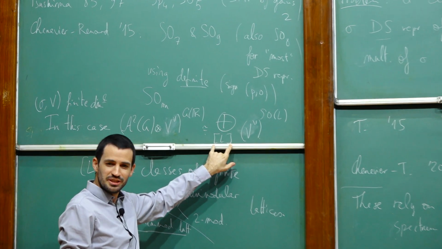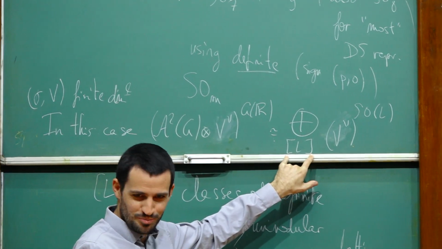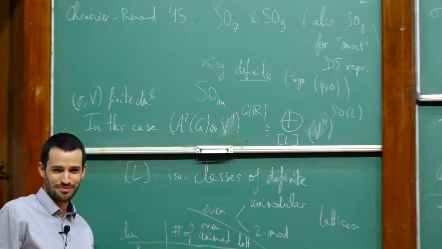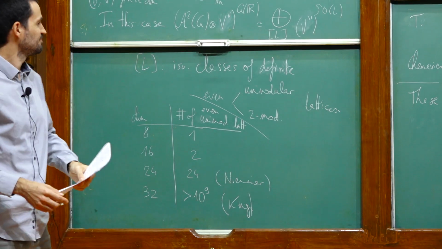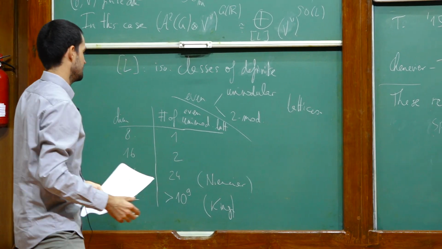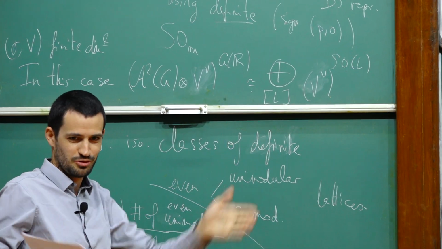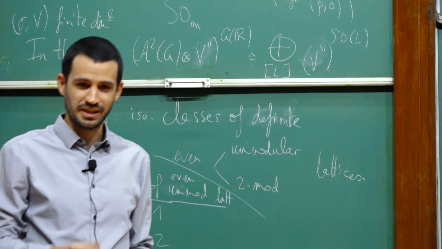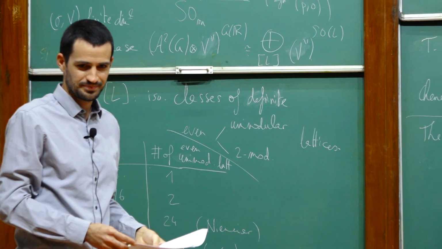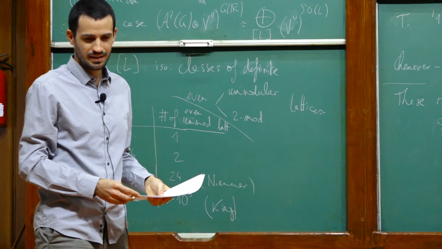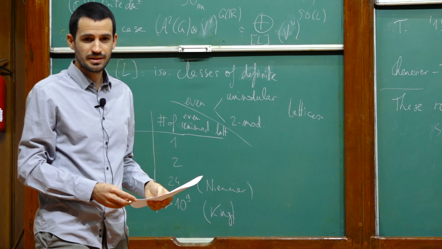There are finitely many such isomorphism classes, but more than one. You can interpret this set as a double quotient with G finite in the middle. Typically the group SO_L is trivial.